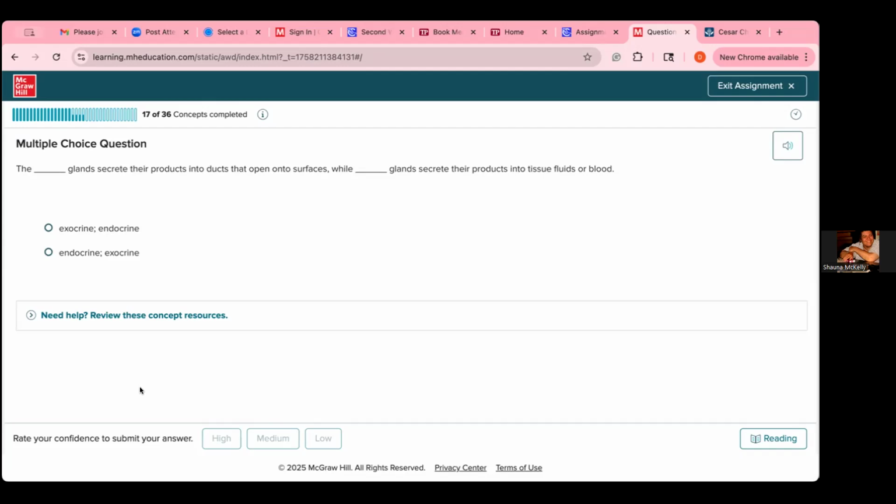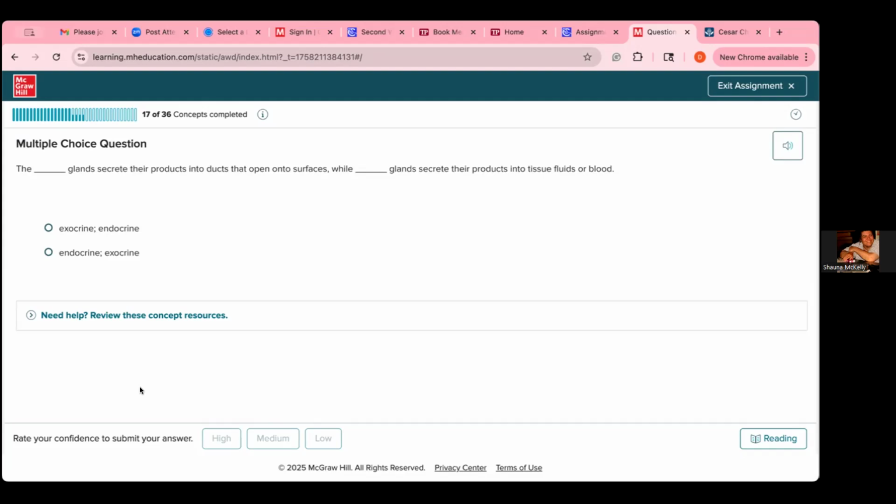So the exocrine glands, EXO glands, secrete their substances through ducts into your body surfaces.